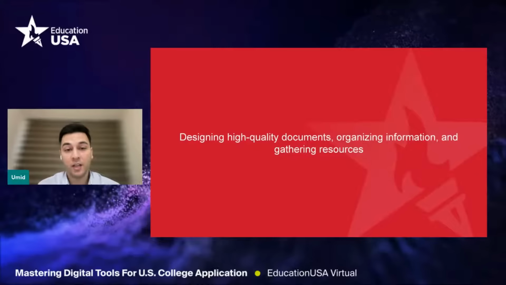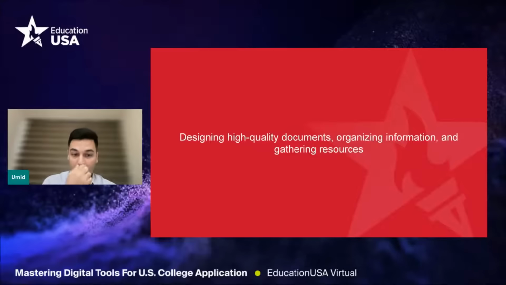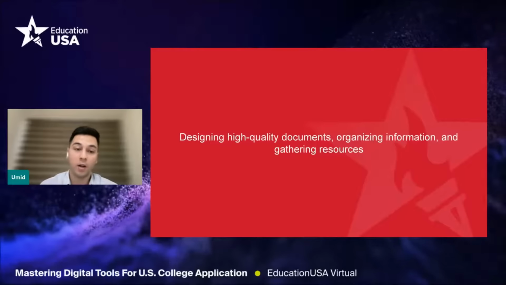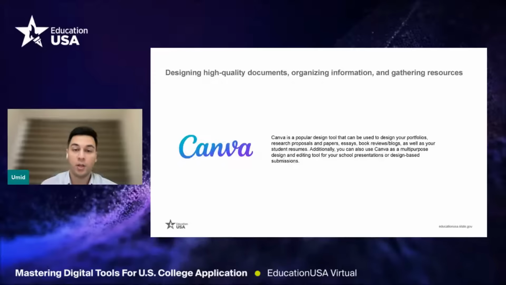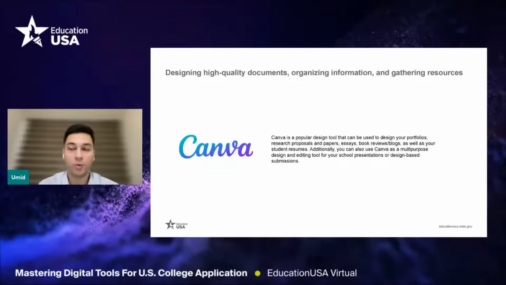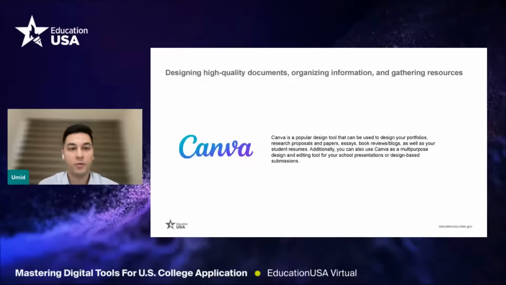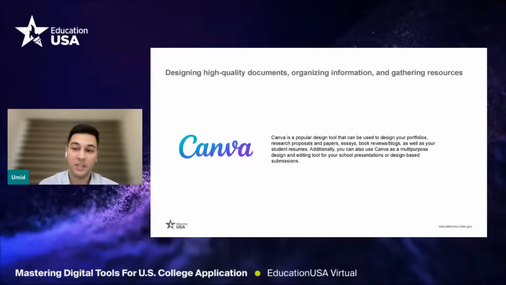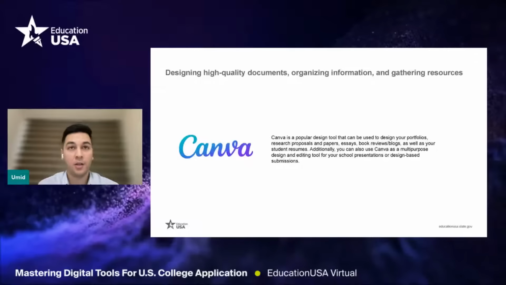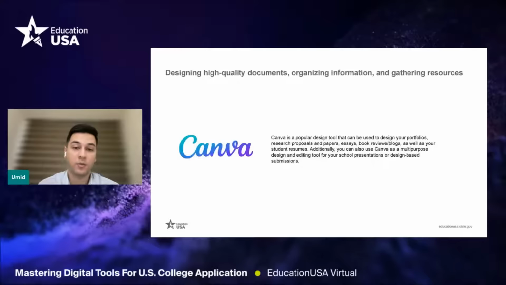Designing high quality documents and organizing information and resources is also very important, because when you're making a presentation or creating a portfolio, it is important to make it neat and accurate.